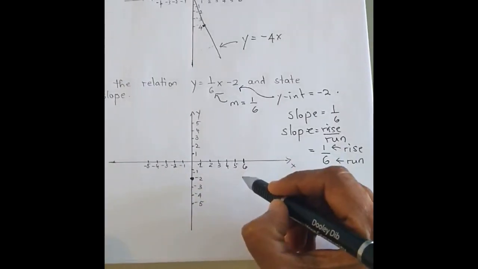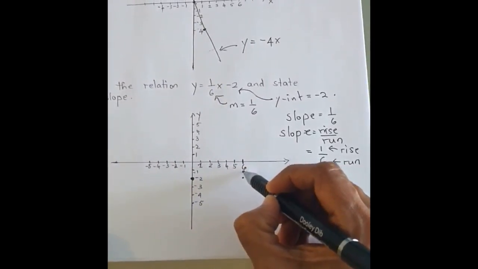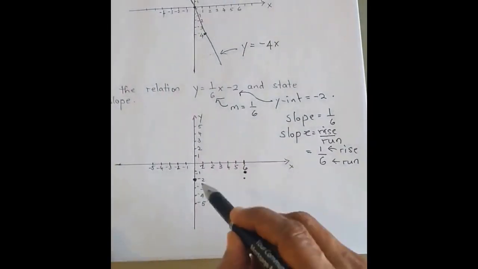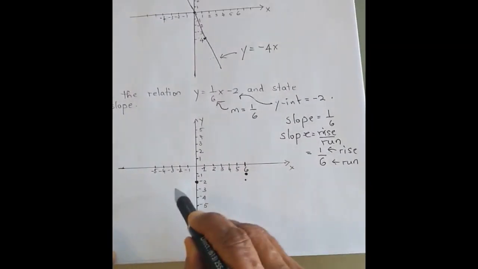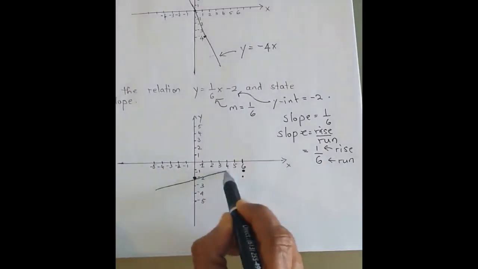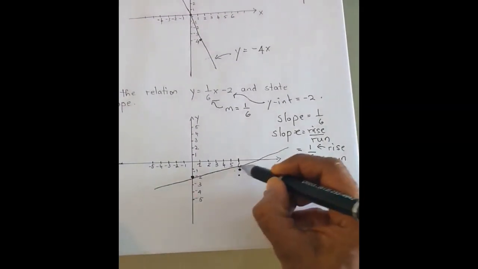From here, 6 to the right, I plot the point. Now I'm going to connect these 2 points so that I can get my line. The point should be there.